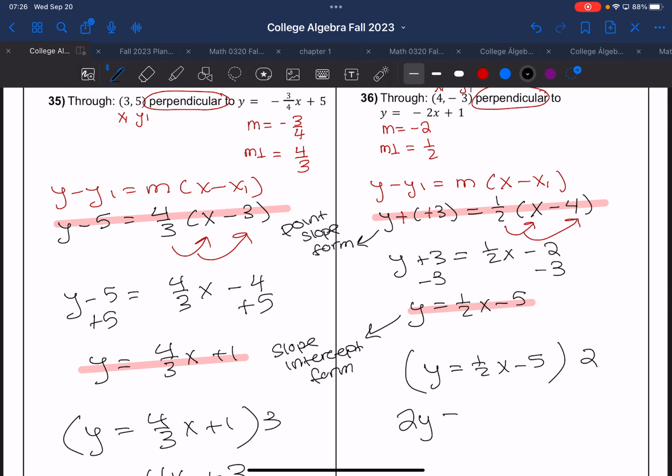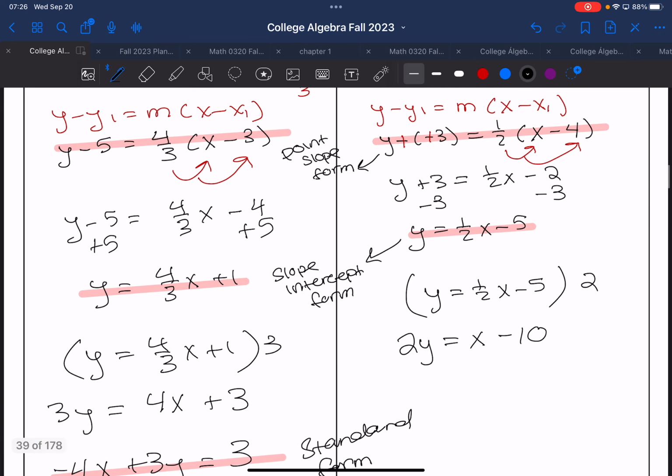No, so it is just x. And then -5 times 2, -10. I need to move my x to the other side, so what is my equation going to look like? Negative x plus 2y equals -10. Correct, because remember, my x comes first always. And that is standard form.